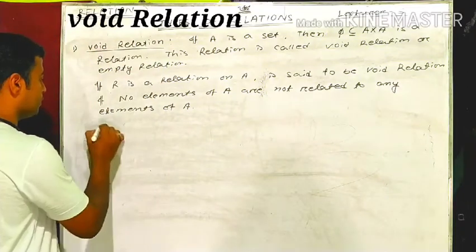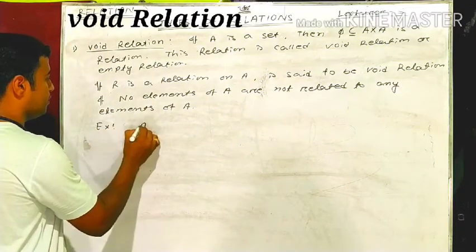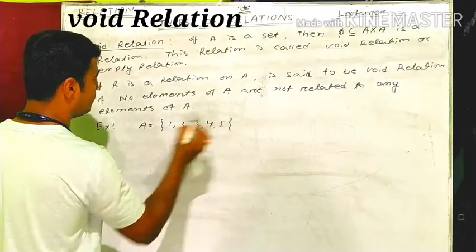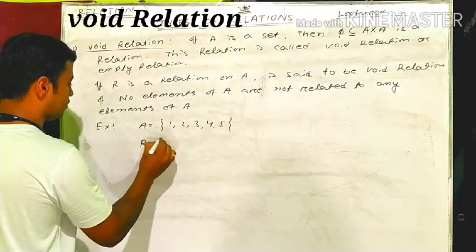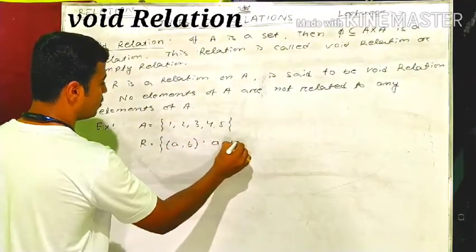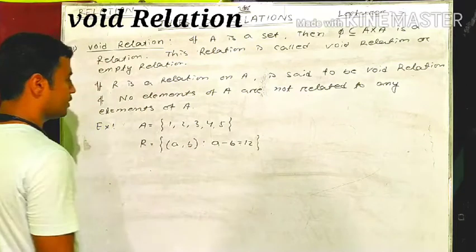For example, if A is a set containing 1, 2, 3, 4, 5, and R is a relation such that a minus b equal to 12.